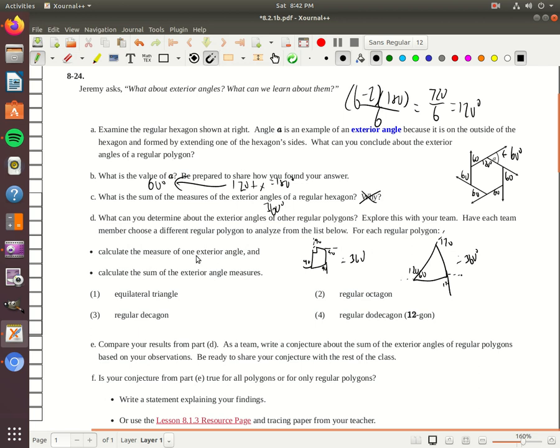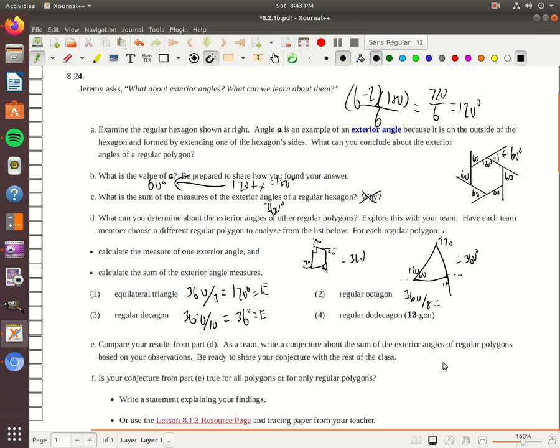So calculate the measure of one exterior angle. So here's what I'm going to do. 360 divided by 3 equals 120 degrees. That's going to be the exterior angle. A decagon: 360 divided by 10. 10 sides in a decagon. That means 36 degrees is the exterior angle. Octagon: 360 divided by 8.